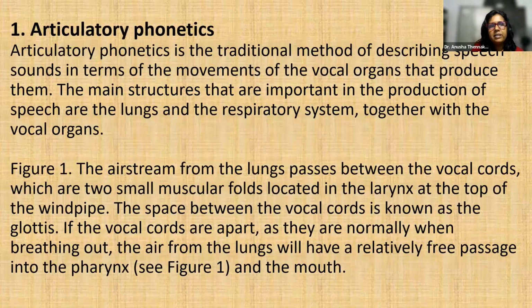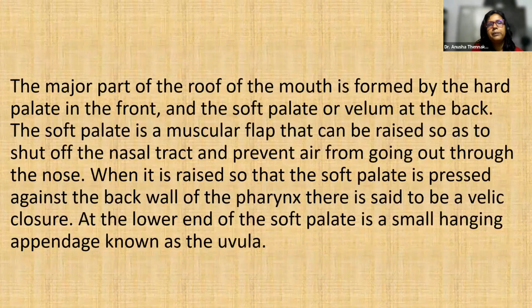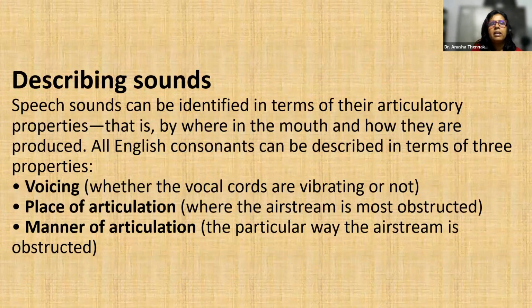Then further we studied articulatory phonetics, and I explained how these things are happening. Then we started describing sounds, and we can describe sounds based on 3 properties: voicing, place of articulation, and manner of articulation. Voicing means whether the vocal cords are vibrating or not.